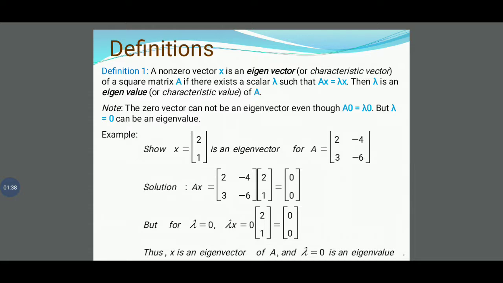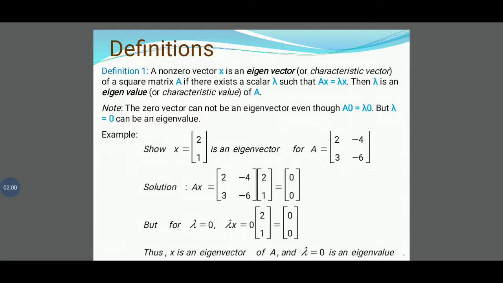Then lambda is an eigenvalue of A. This is the simple definition of eigenvalue and eigenvector. They are related to each other. To every corresponding eigenvalue there will be an eigenvector, which is a non-zero vector.